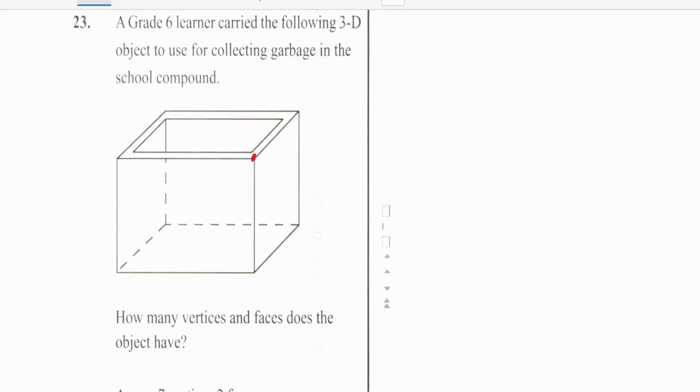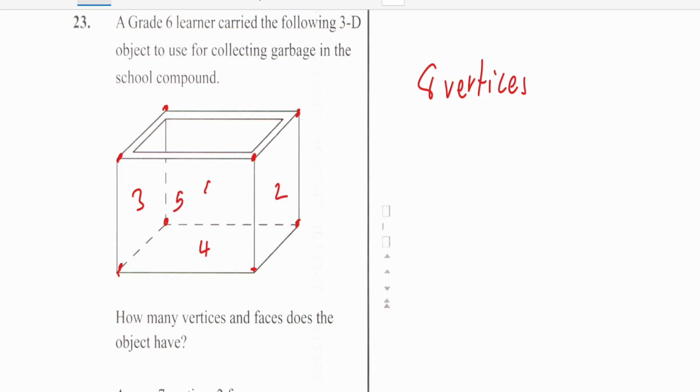Okay, it might be a tricky question, but for the vertices, this one, 2, 3, 4, 5, 6, 7, and 8. So those are 8 vertices. But it doesn't affect whether it's open or not. Remember that the top is open. So if it's open, it means the top face won't be there. So we have 1, 2, 3 faces, we have 4 at the bottom, and 5 here.